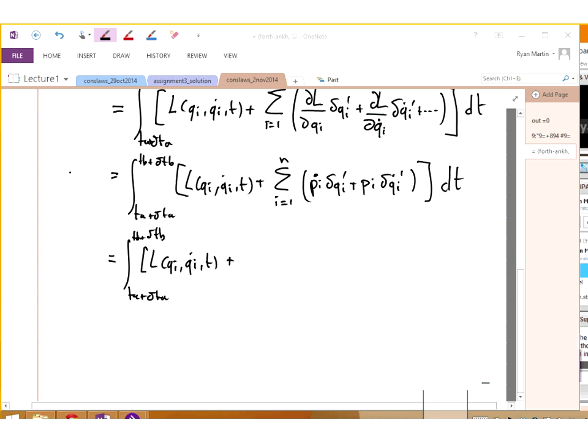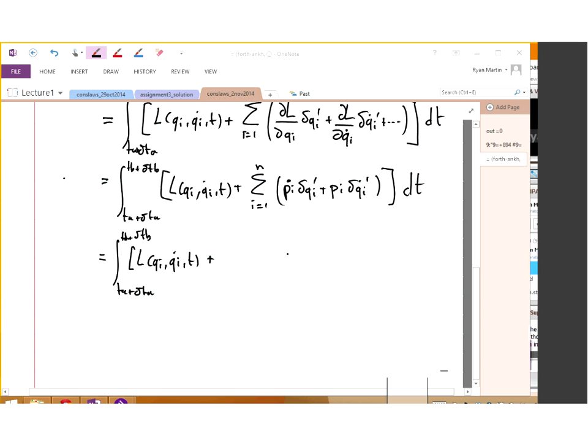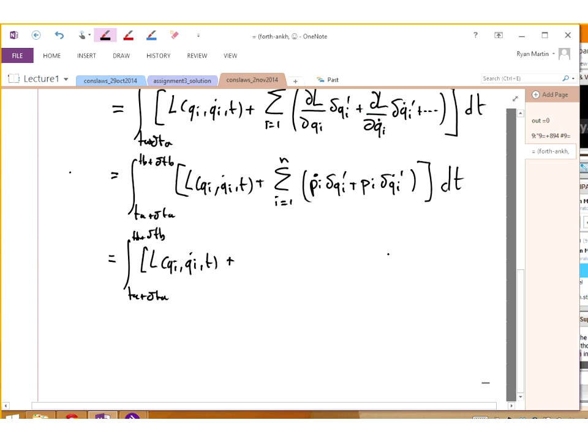That's the same as d/dt of the sum i equals 1 to n of p_i delta q_i primed. Alright, so if I take the derivative of the thing I have there in parentheses after the sum, then I get the thing that I have above, right, using the product rule for derivatives.